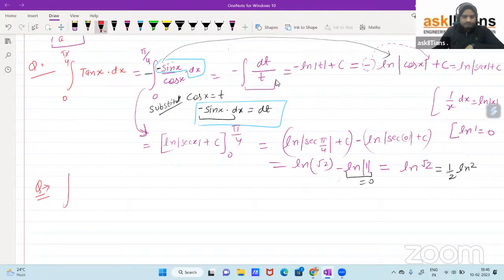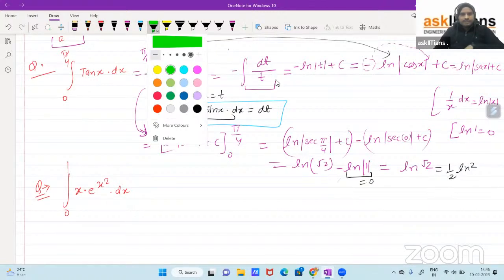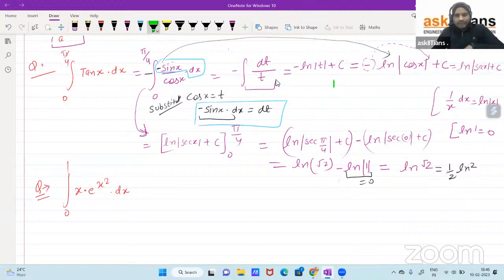Next is the integral from 0 to 1 of x into e power x square dx. What was the important point in the last question? Whenever you are putting the limits, these limits were of x. These 0 and pi by 4 were the limits of x, right?